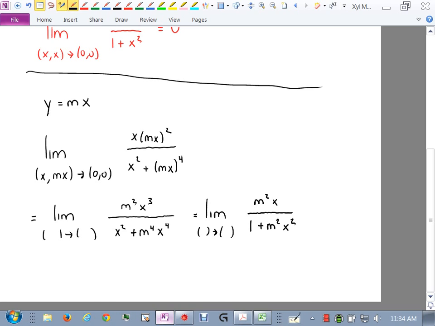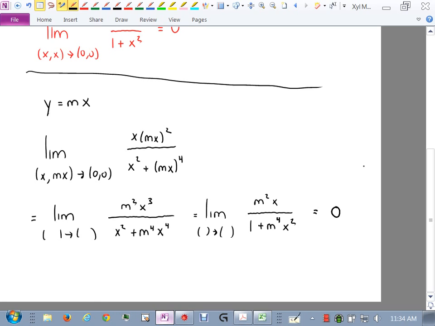Oh, m to the 4th, thank you. We only factored an x squared out. Now let your x go to 0. And what do you get? What happens now as x goes to 0? You still get 0, don't you? You get 0 over 1, so you still get 0.